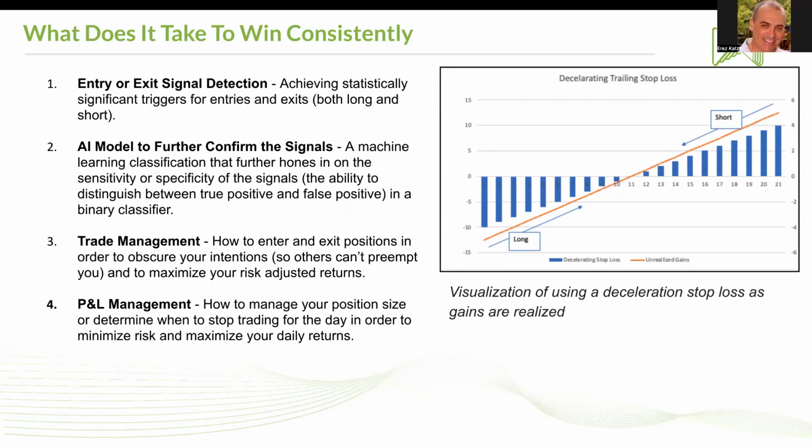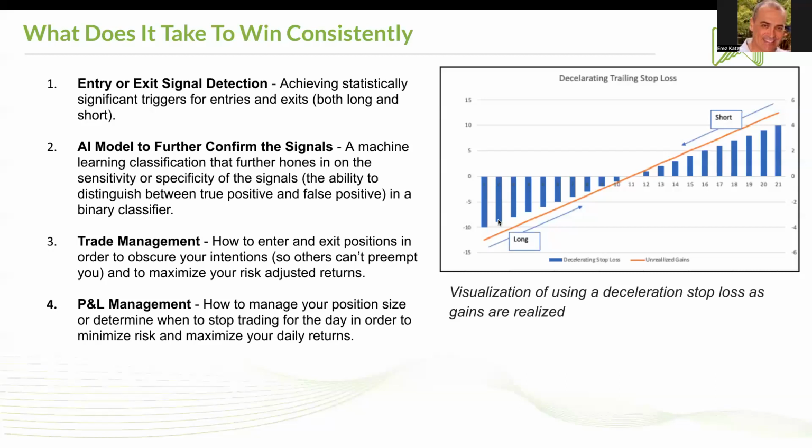What you see on the screen here is a method that we built in-house. It's basically a trailing stop loss that can be determined based on the volatility of the market at any given time, but it's not a fixed value. So you can see, for example, you can start with a 10 bips max drawdown on the first leg here. But as your returns, that orange line represents returns of the trade itself, it's the actual trade, as the trade starts to move in favor of your direction, the stop loss starts to shrink.